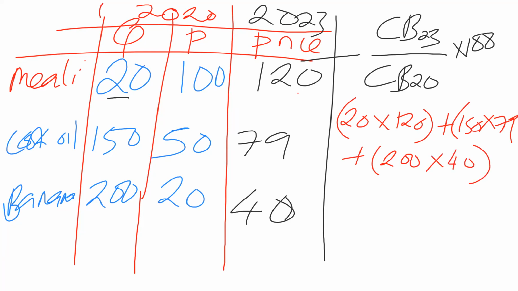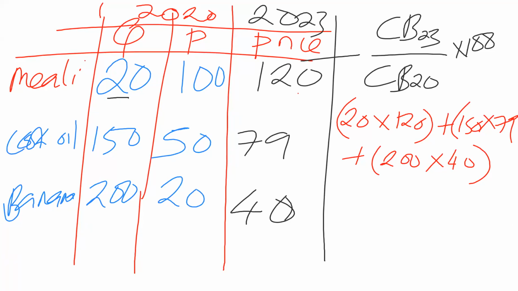You're following? This is the quantities multiplied by the current prices. That will give us the cost of the basket.